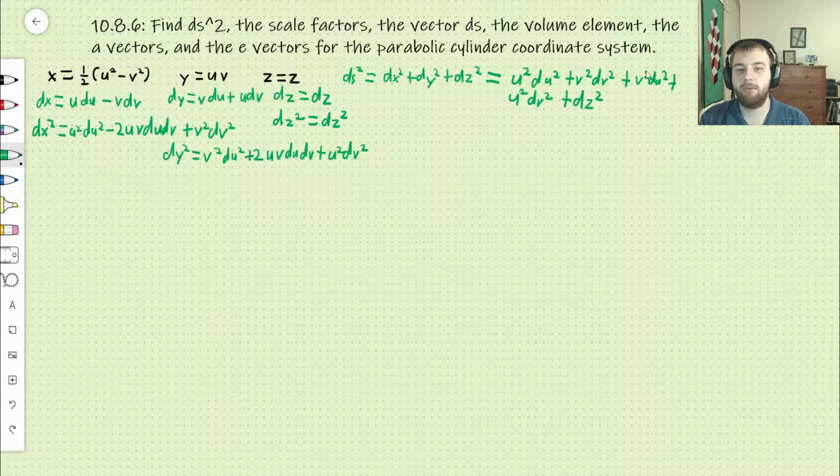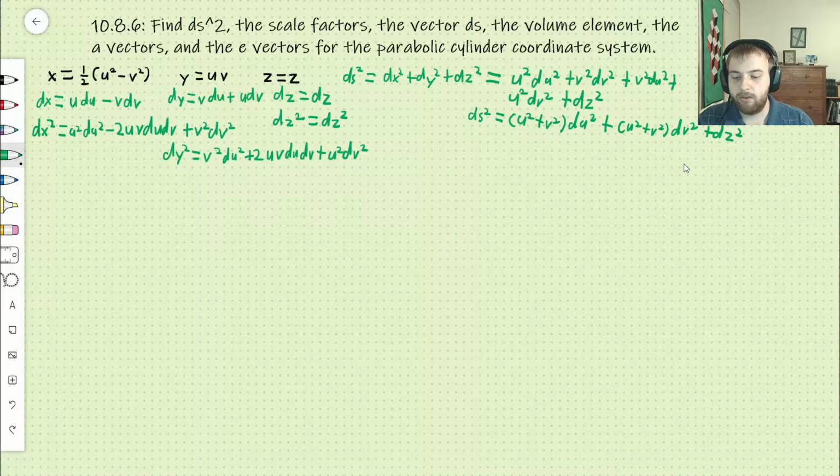So if we collect terms together, ds squared is equal to u squared plus v squared du squared plus u squared plus v squared dv squared plus dz squared. So this is our ds squared. So we have done this first part of the problem.